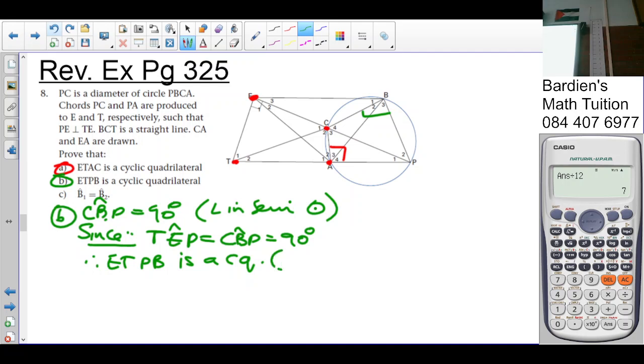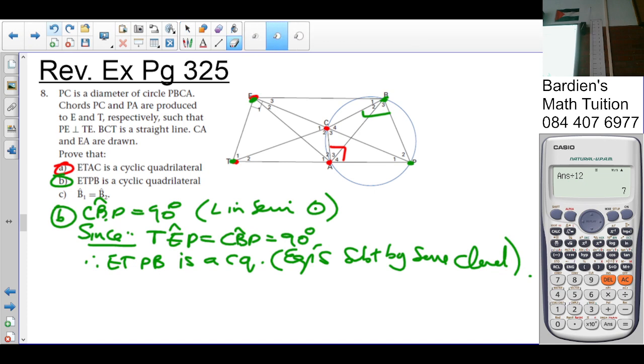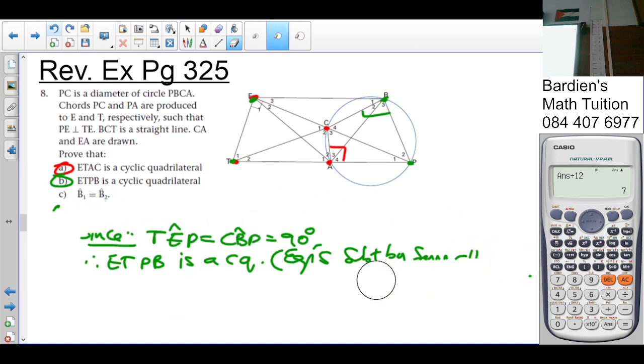Why? Equal angles subtended by same chord. So that means all cyclic properties are evident in that quad as well. I'm not going to draw circles over circles here. Let's go with the last one.